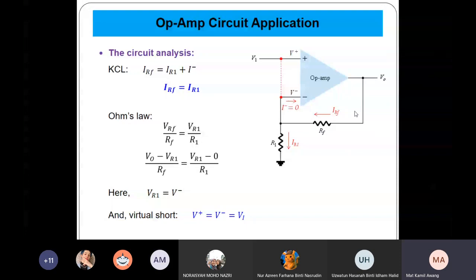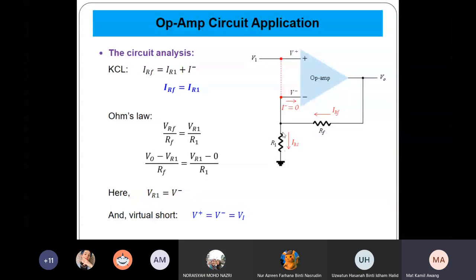This point is VR1, right? Because this point minus 0 is the same as VR1. So V out minus VR1 divided by RF.